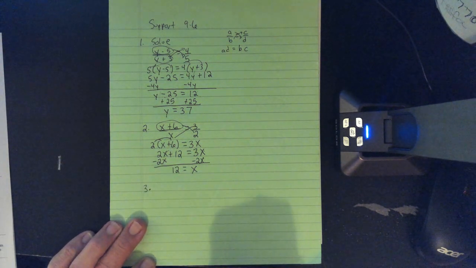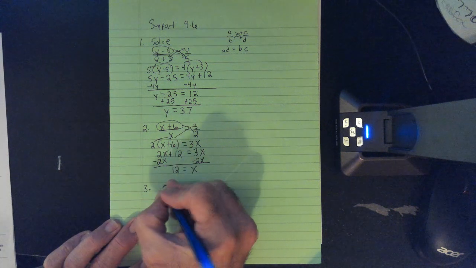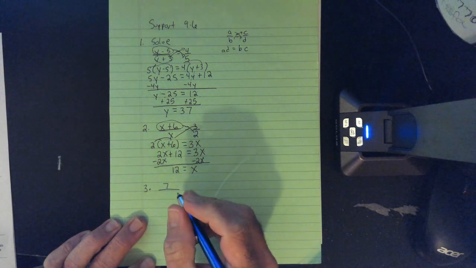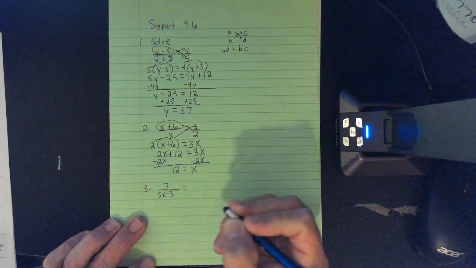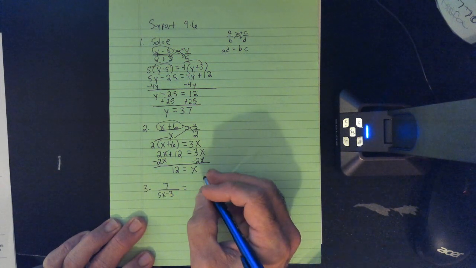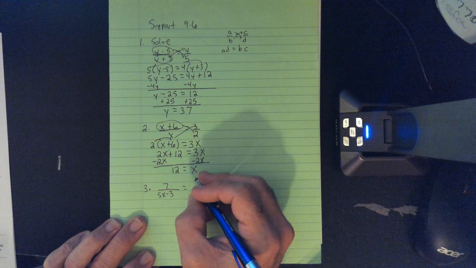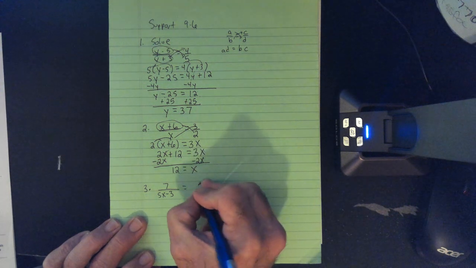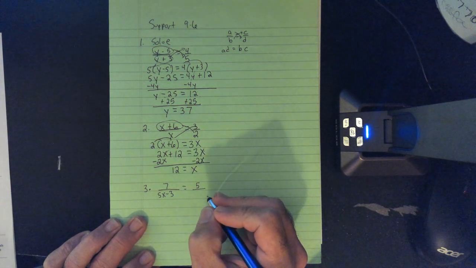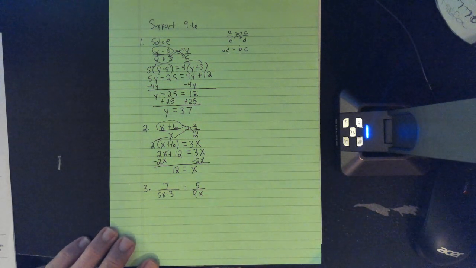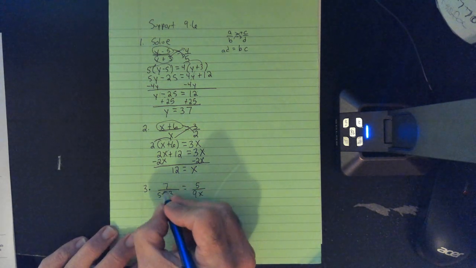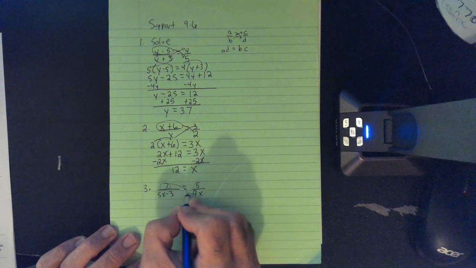Alright, 3, another fraction. 7 over (5x minus 3) is going to equal 5 over 9x. Alright, same thing. 7 up here multiplies by the 9x.